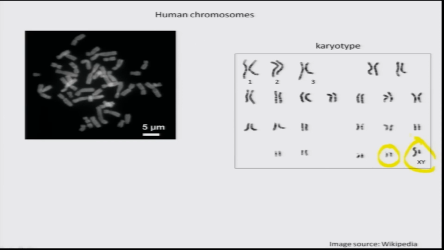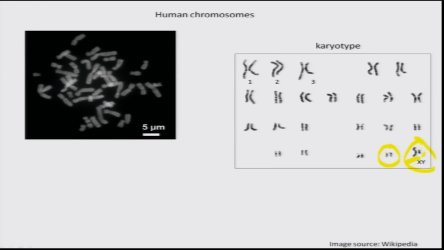If the individual for whom you are looking at the chromosomes is a female, you would have two such long chromosomes, that is XX. If the individual from whom we have made the chromosome preparation is a male, then we would find an X chromosome and a Y chromosome, like that shown here.